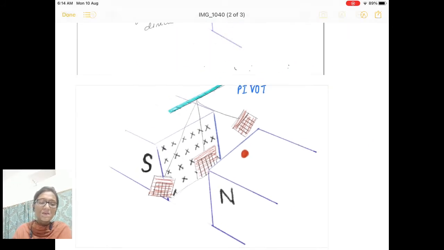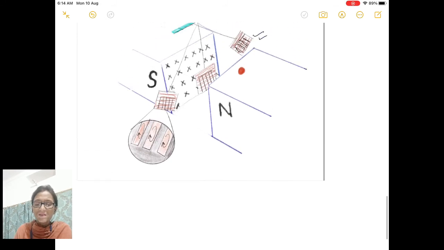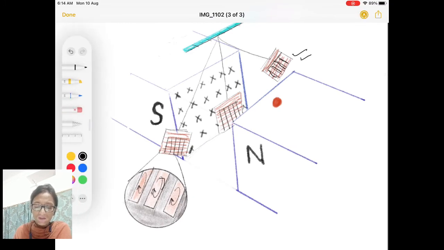So in cores, here you have slots, and you can find that EMF is induced and current is produced in making small such loops. But by making slots, you can cut a strong induced EMF, strong eddy current.